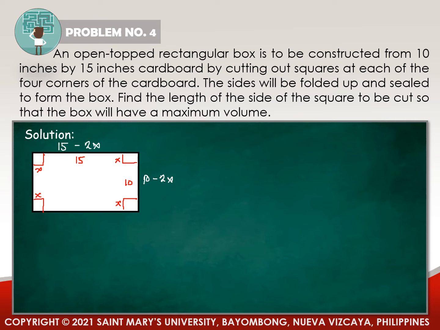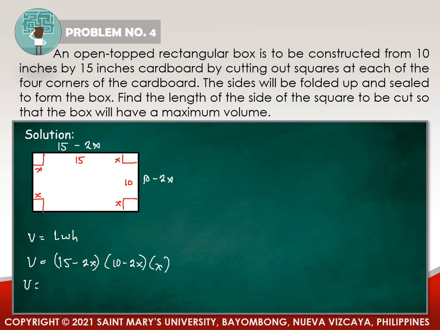So, we know that to form a box, we have the length, width, and the height. And the height is the side of the square, kasi yun yung ifo-fold up. So, we know that the volume of a rectangular prism is length times width times height. So, simply multiply lang natin 15 minus 2x times the width, which is 10 minus 2x, times the height, which is x.